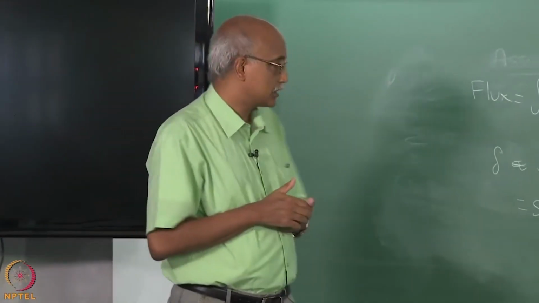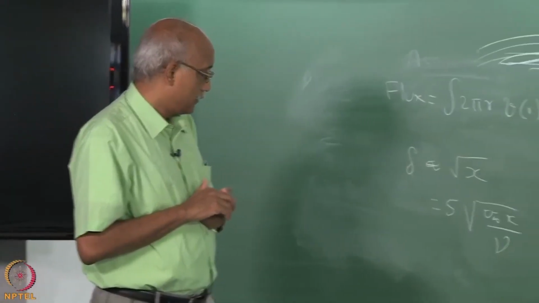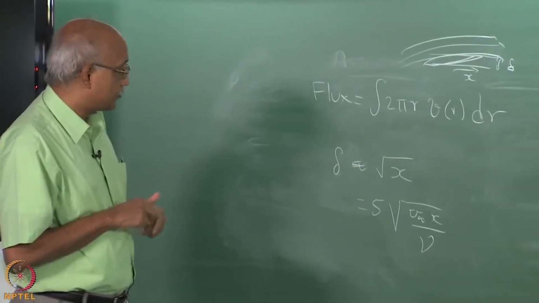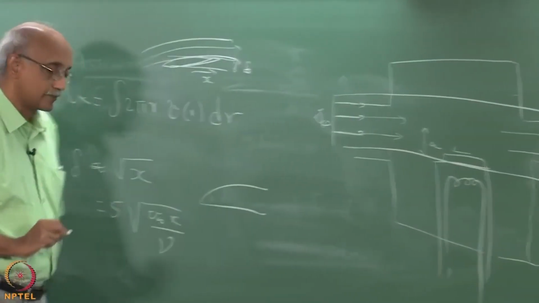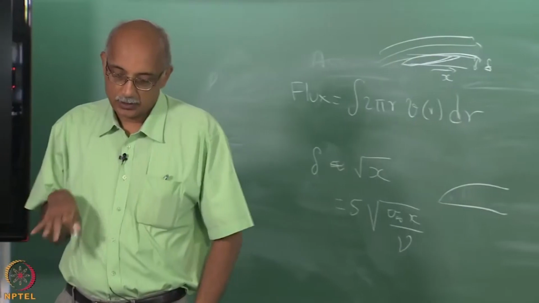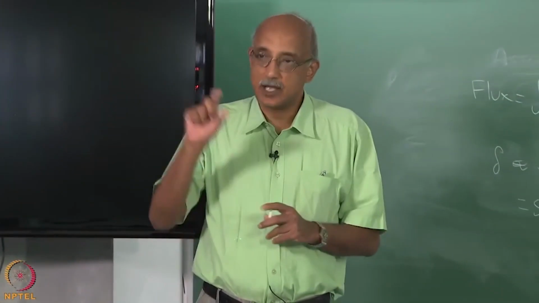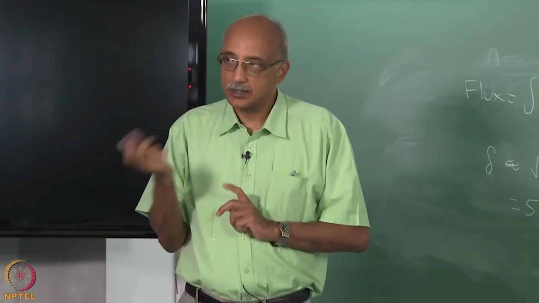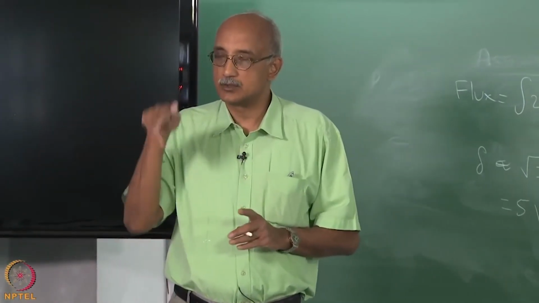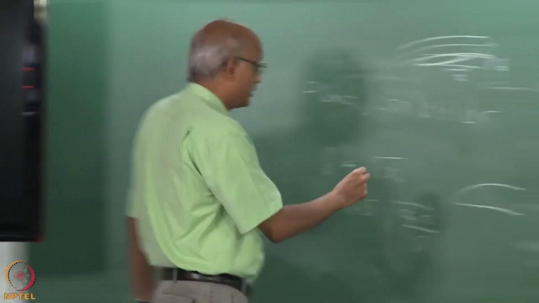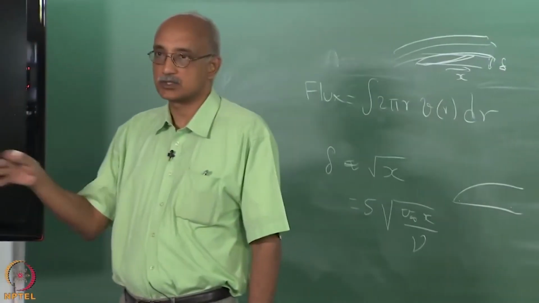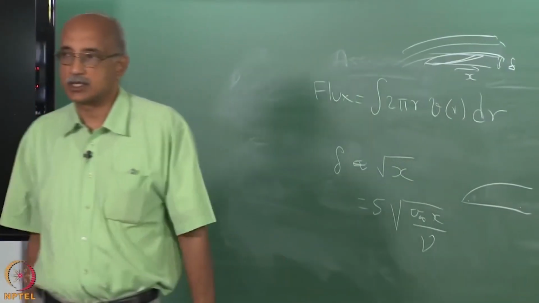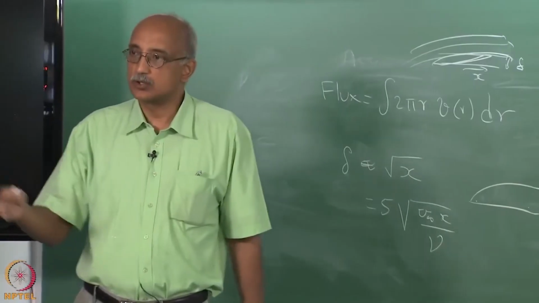So, it is important that we recognize the fact that the boundary layer thickness will look like this. So, if your transport of the reactive species is going to have to happen through this boundary layer thickness, then clearly the rate at which species are going to arrive at the surface on the leading edge is going to be very different from the rate at which species are going to arrive on the surface of the trailing edge. It is going to be much slower at the trailing edge, which again leads to non-uniformity.